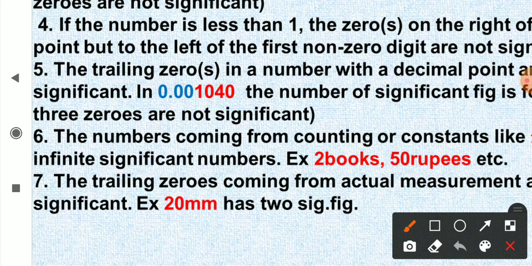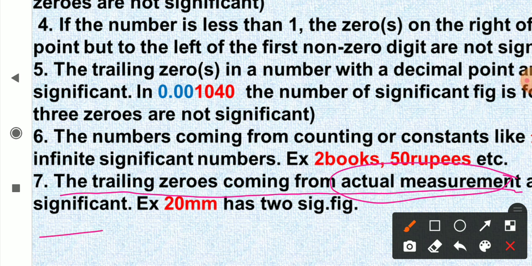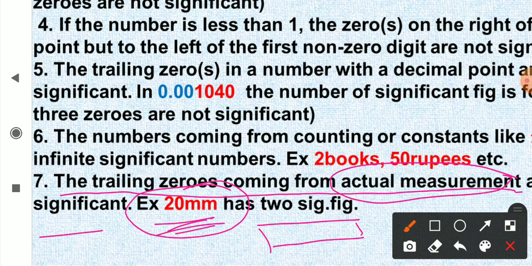another very important rule: the trailing zeros coming from actual measurement are significant. Means what? Supposing we have a line segment of length 20 millimeter. That means it has been measured by using a ruler which has least count of 1 millimeter, right? And so the length is 20 millimeter.